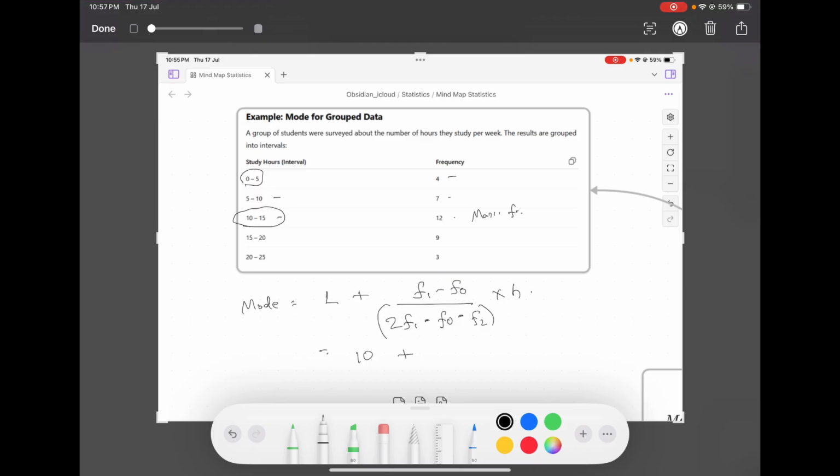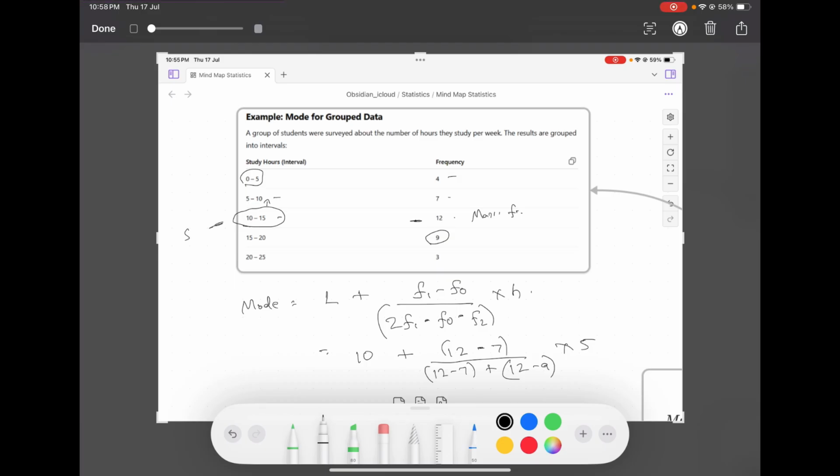Plus, f1 is the frequency corresponding to this one, so it is 12. So 12 minus f0, the frequency just above, it is 12 minus 7, plus 12 minus the frequency just below, it is 12 minus 9, and h is the difference, that is 15 minus 10, that is 5.